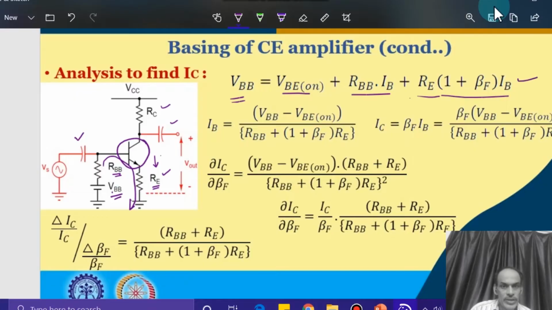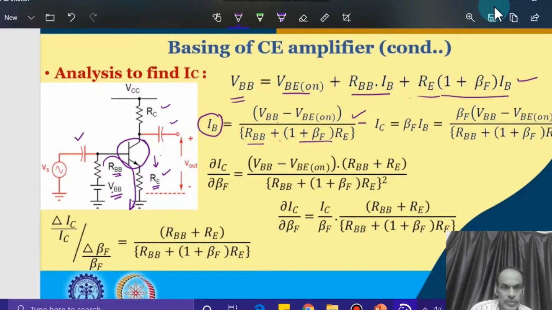Now if we rearrange this equation to find the expression of IB in terms of VBB and beta F, we get IB equals VBB minus VBE divided by RBB plus 1 plus beta into RE.